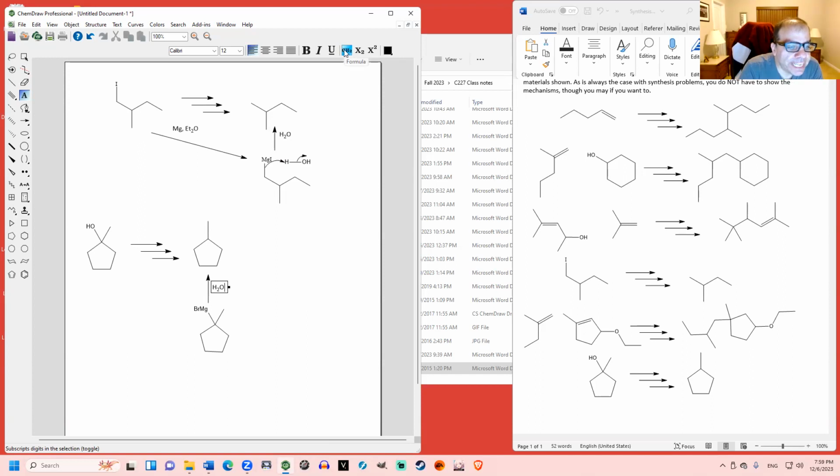So if we can get that alcohol into a bromide, or indeed any alkyl halide, then we can just convert the halide to a Grignard reagent.